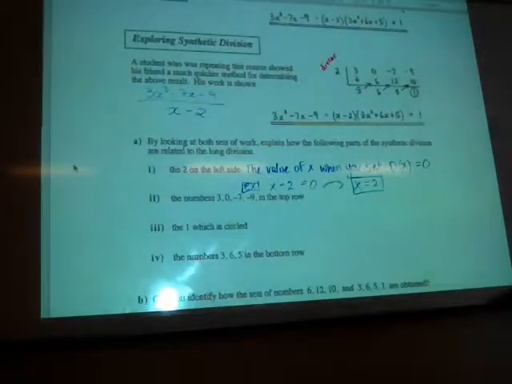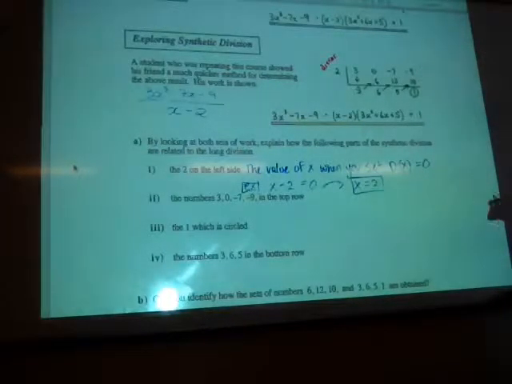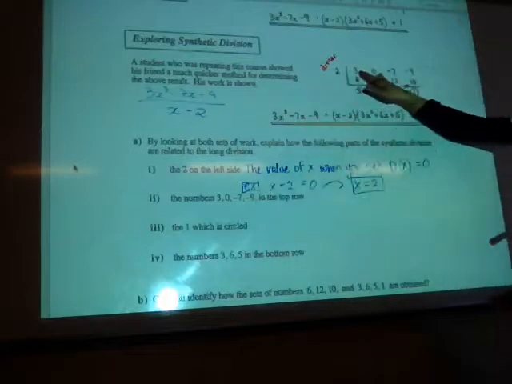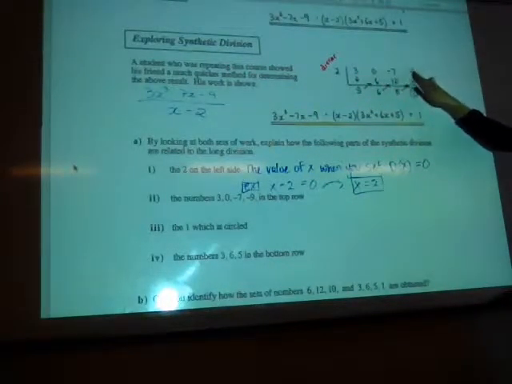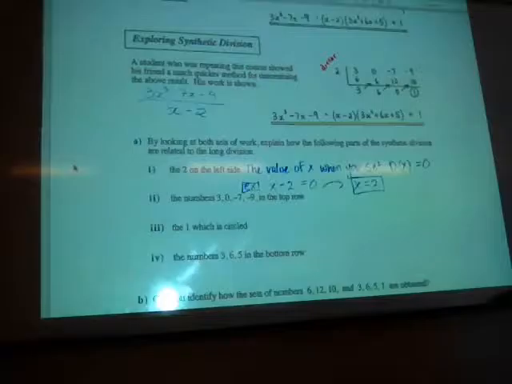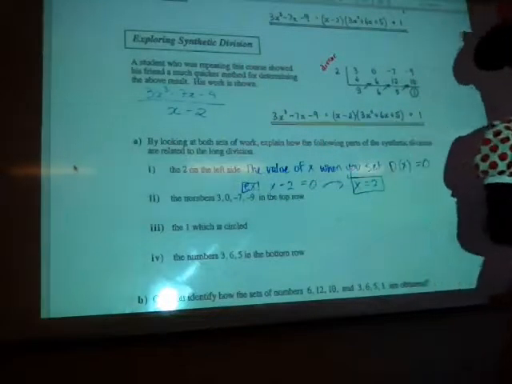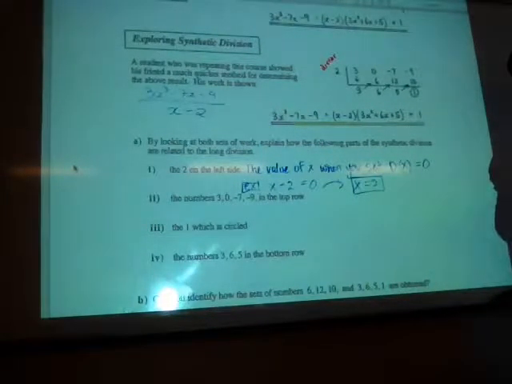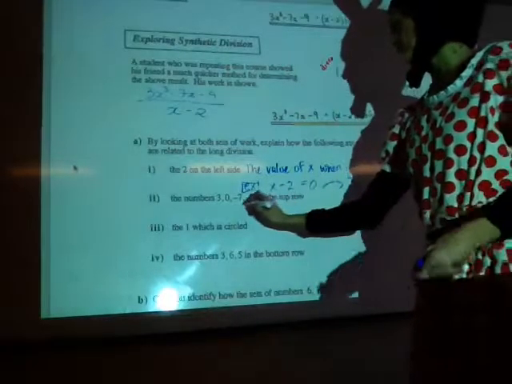Part 2, the numbers 3, 0, negative 7, negative 9 on the top row, right here. What do you think those represent? This is what we're dividing. The coefficients of the polynomial. Good.